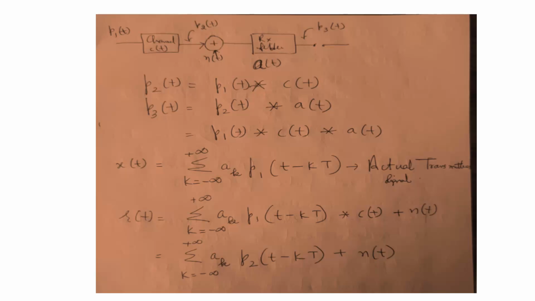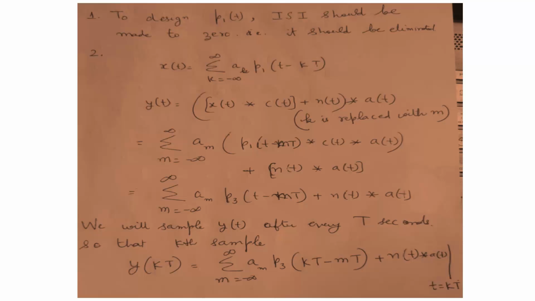I mean, there should not be any intersymbol interference. So that's the goal to achieve in this lecture. Meaning by that, we have control over only this p1(t) pulse. So we have to design this pulse in such a way that we can receive ISI free communication. So let us see how things can be developed further.